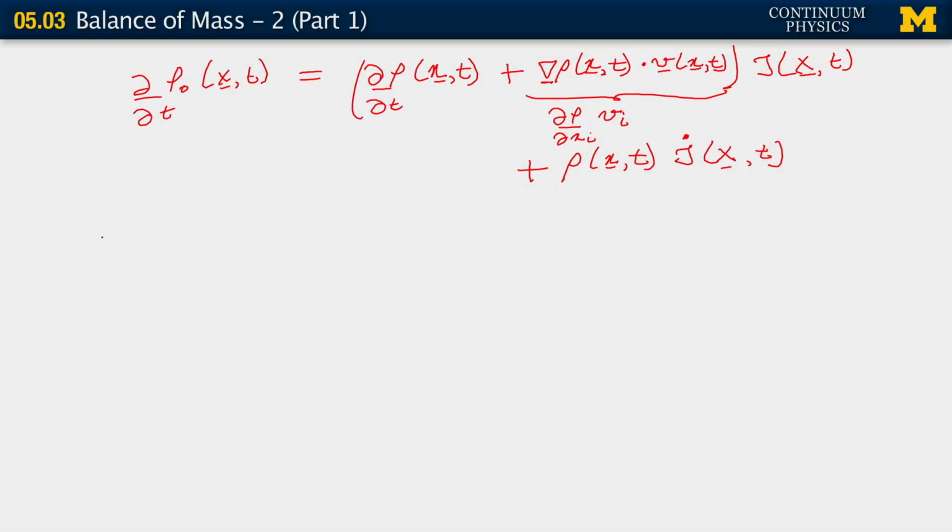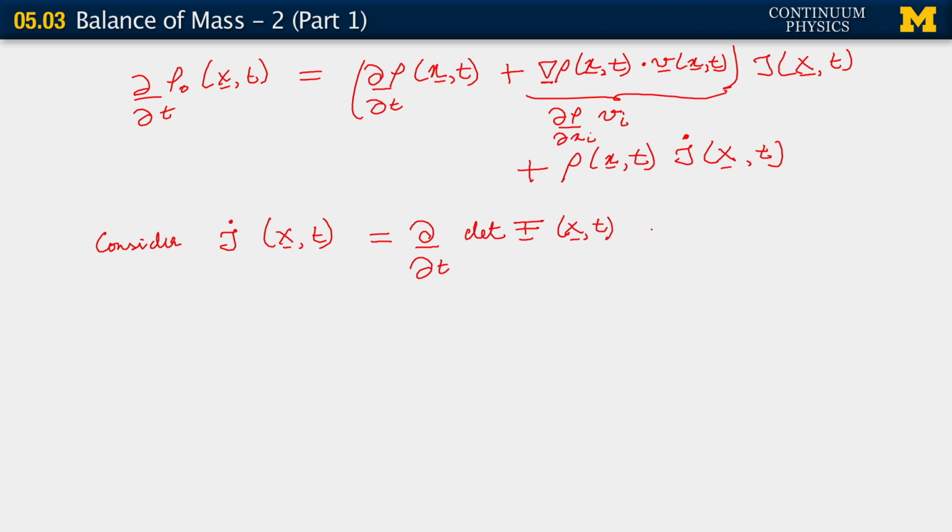All right. Now consider j dot, of x comma time. Now this is the derivative with respect to time of the determinant of F, and the determinant of F has this dependence upon capital X and time.